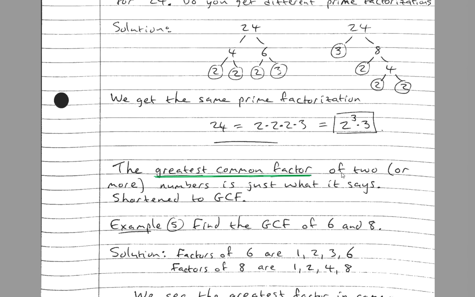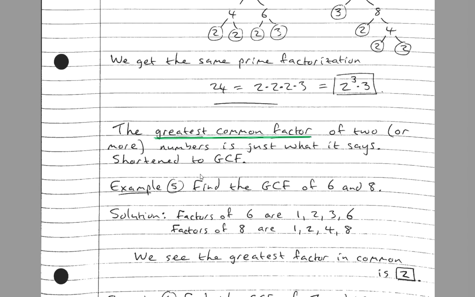If you have 2 numbers, you can look at all the factors of the 2 numbers, and then look at the factors that they have in common and pick the largest, or the greatest. So that's what we're trying to find.